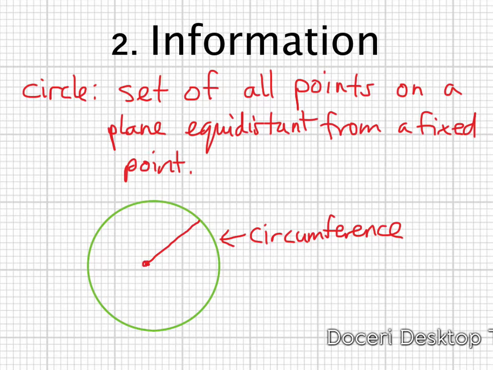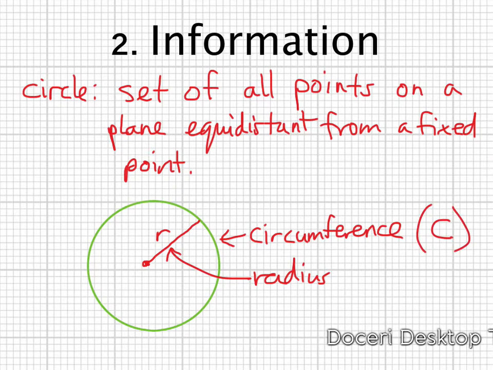So the point in the middle is the center, and the distance from that point in the middle to each point that's on the green circumference is the same distance all the way around the circle. And we call that my radius, r. So this is our radius. And for circumference, we denote that with uppercase C.